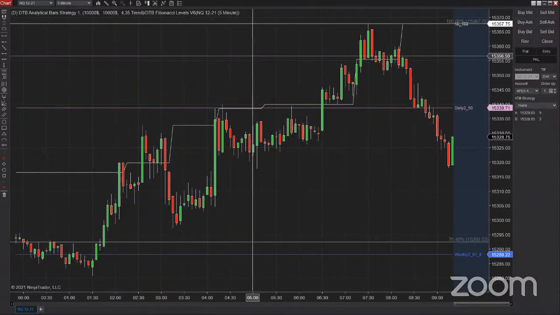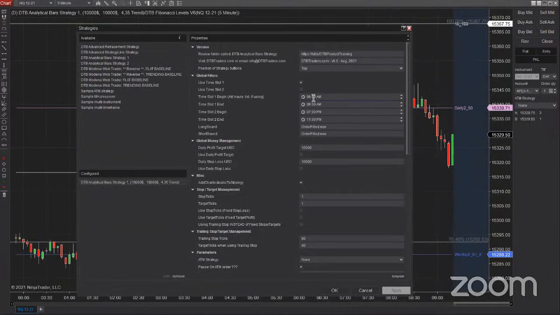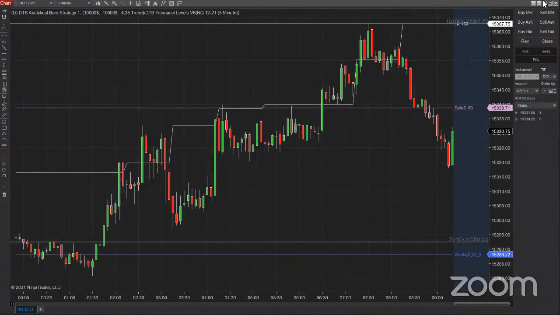So that's the cool thing about the time slots in the strategy: you can basically select any time slot that you want between any start time and end time to the minute, and it's going to only enter positions within that period and will exit as soon as the bar closes at the end of your time slot. And then you can even use 2 time slots. So if you want to optimize 2 different values, you could do that too. Even in your strategy analyzer, you can optimize 2 different time slots at the same time if you really wanted to.